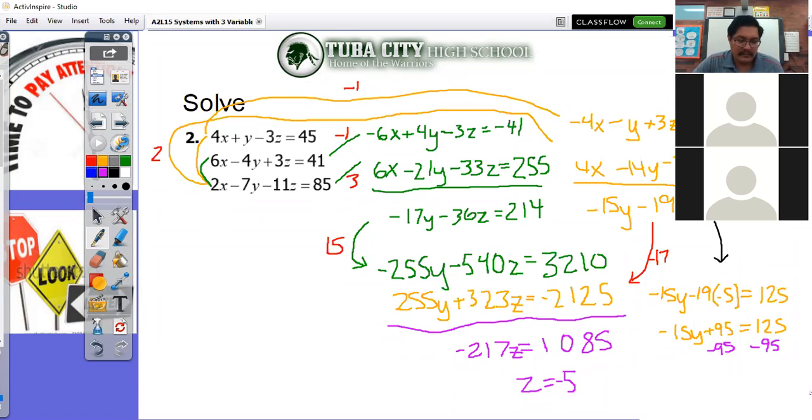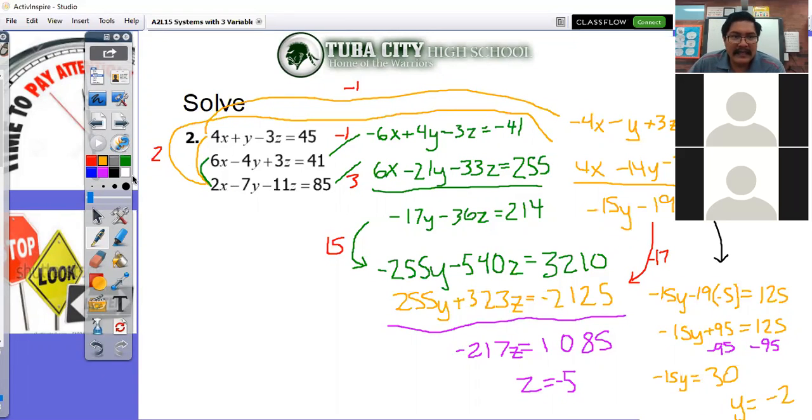Minus 95, so that'd be 30. Negative 15y equals 30. I'm running out of space, so I'm going to wrap this one up. Y equals negative 2, because negative 2 times negative 15 would be positive 30. So I just got to ask myself, what would fit in there to make sense? And there we go. We got z and y.